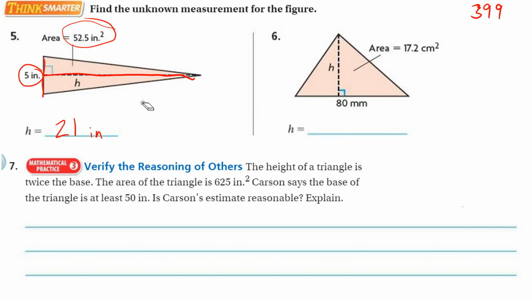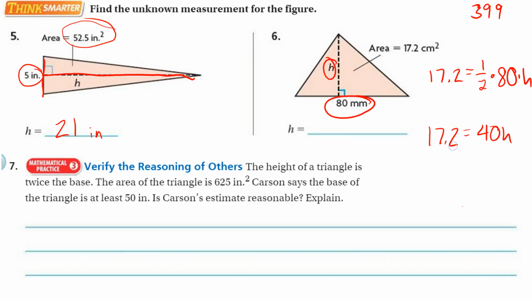Okay. Number 6, same thing. They gave us the area, 17.2, equals 1/2 times the base, which is 80, times the height, which we don't know. Half of 80 is 40. So 40 times h equals 17.2.